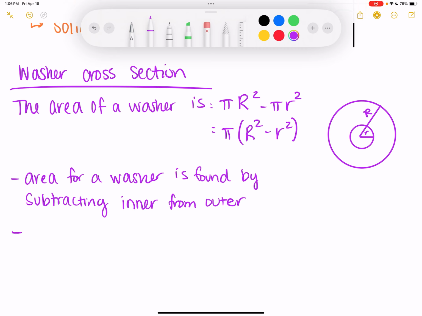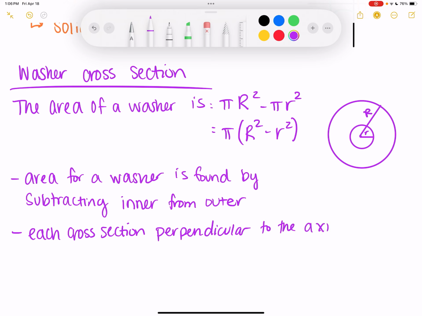Let's see, each cross section perpendicular to the axis of revolution. So I can draw a picture.